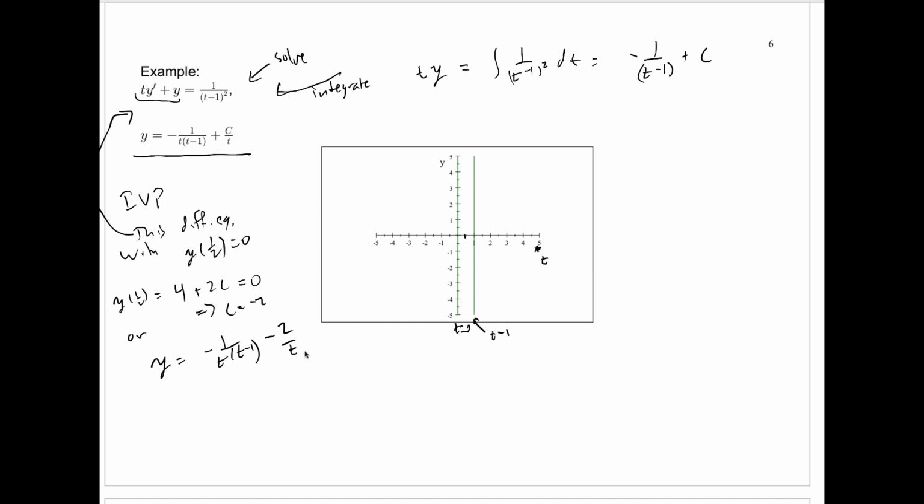When t is close to 0, we'll see that this minus 2 over t, you'll have here minus 2 over t, and when t is close to 0, this is close to 1 over t. So it still is negative and blows up.